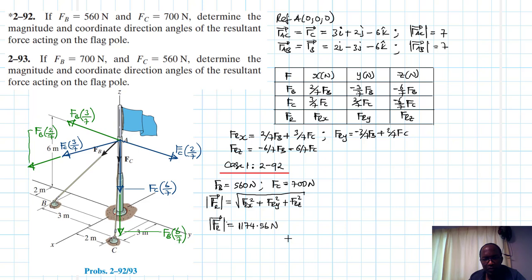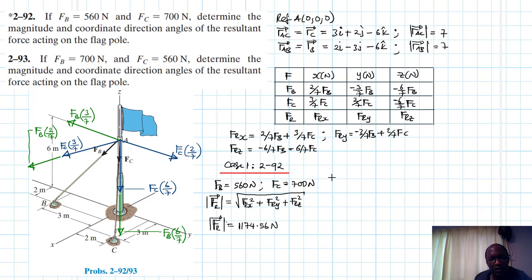By this one we can factor out, then sum up the two. 6/7 times 560 plus 700, squared, square root of that, 1174.56. So this is the magnitude.